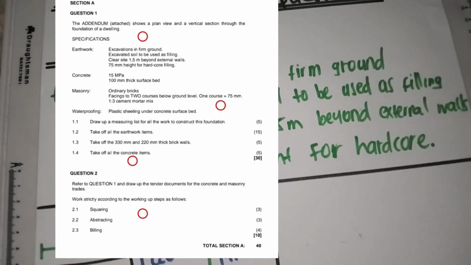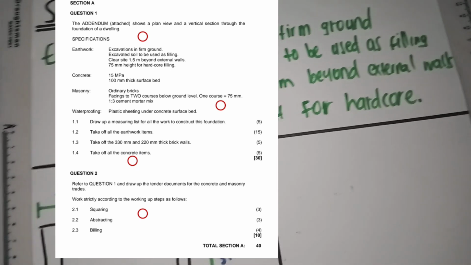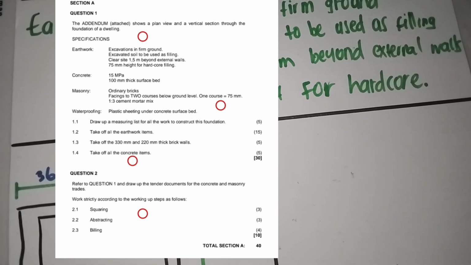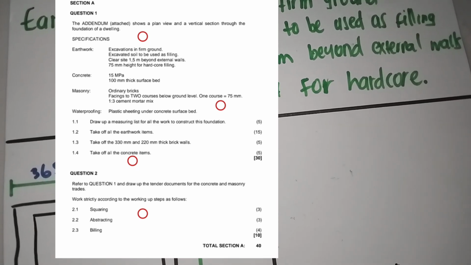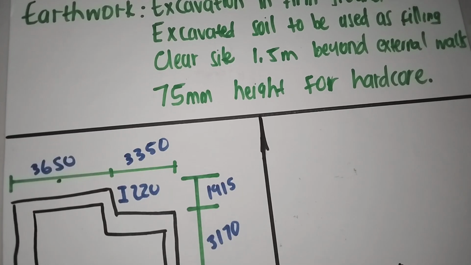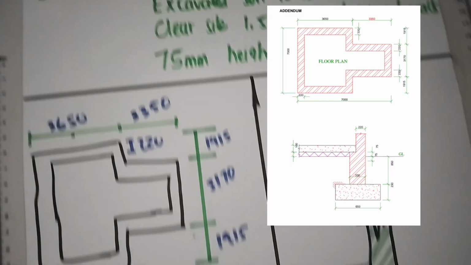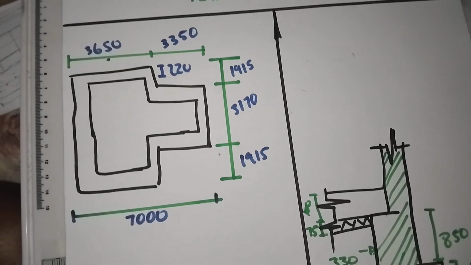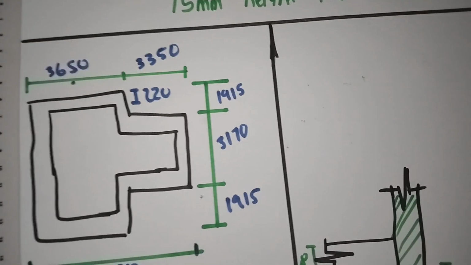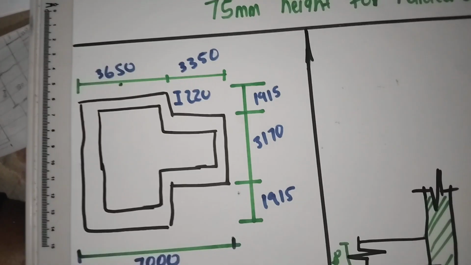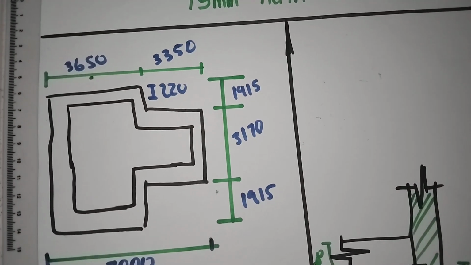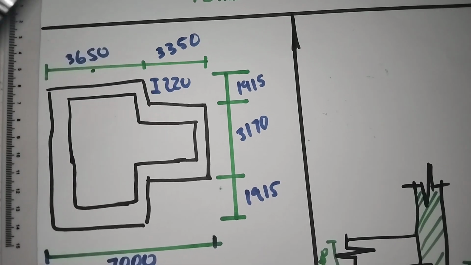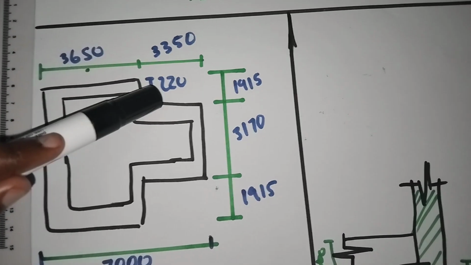So I didn't write everything here, but I just wanted to clear something out, right? I will show you the question paper. It looked like this, and the specifications, the drawing looked like that, right? Like this. So I want to clear something out, right? You see, we have a drawing here, and they said the wall here is 220.